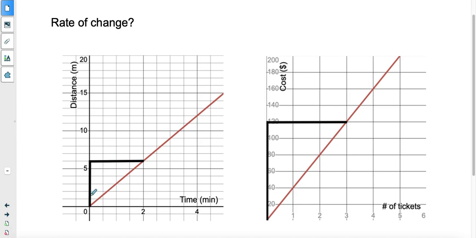I can see just by looking at this line that it goes up 1, 2, 3, 4, 5, 6 meters. And I can also see it goes up 6 meters over 2 minutes.